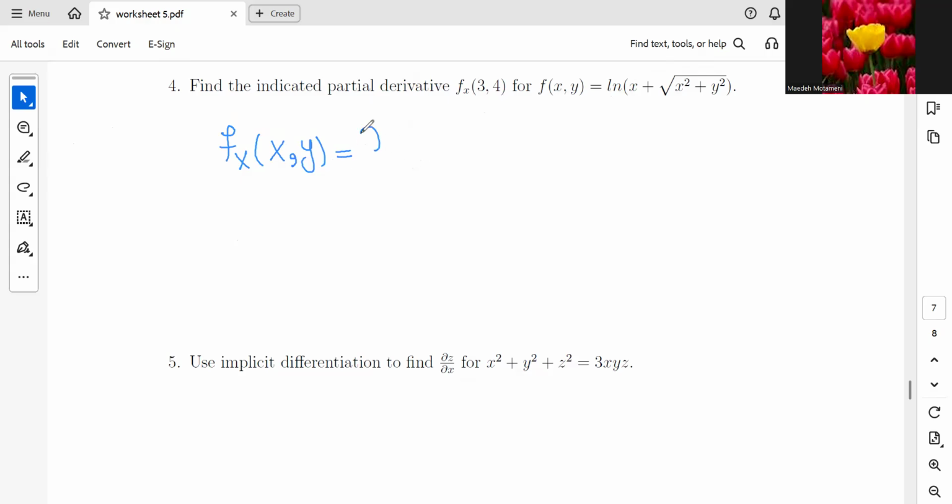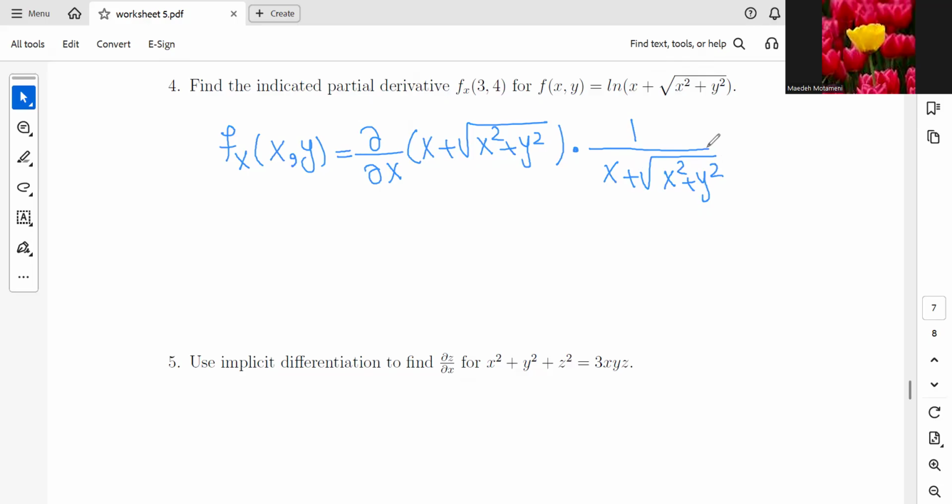That would be the derivative of the inside times derivative of the function, which is 1 over x plus x squared plus y squared.